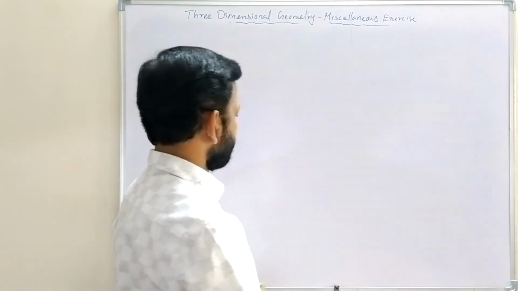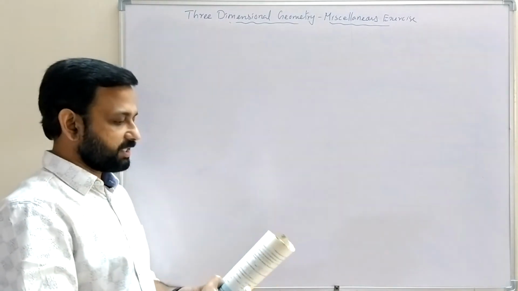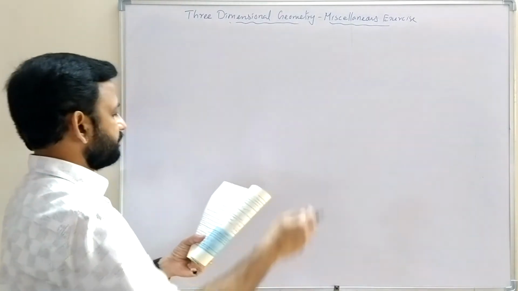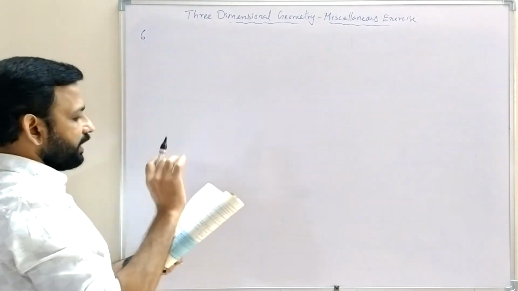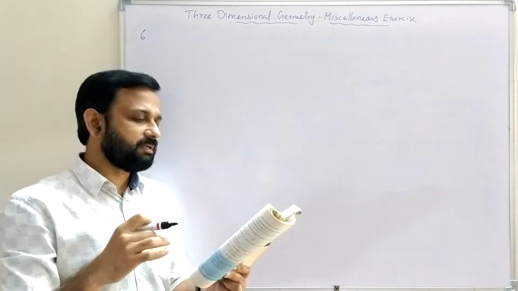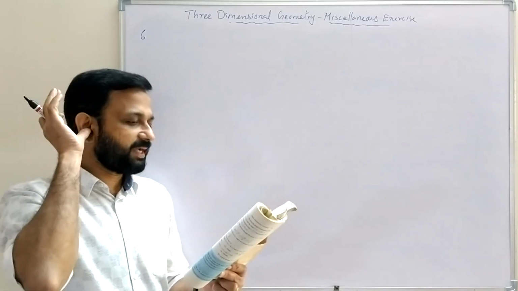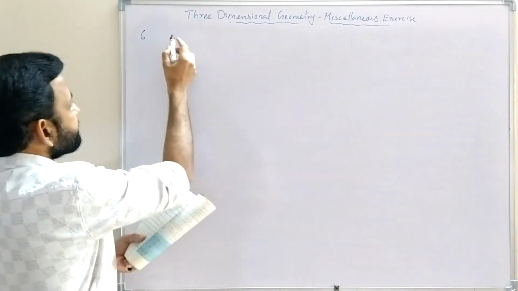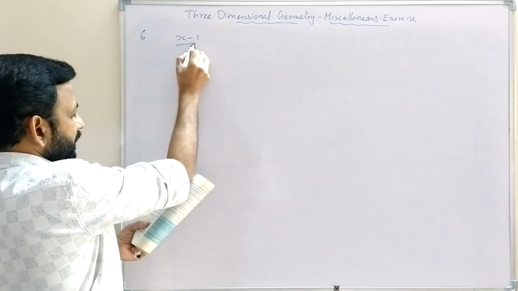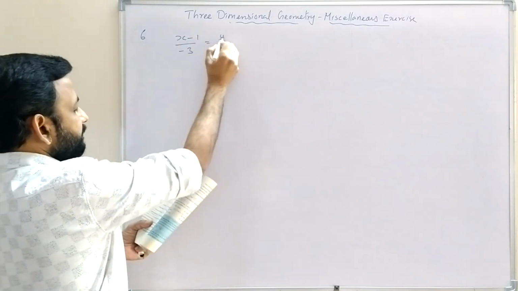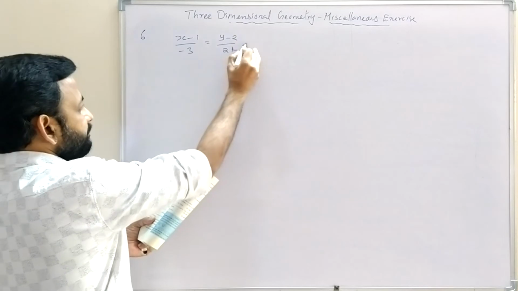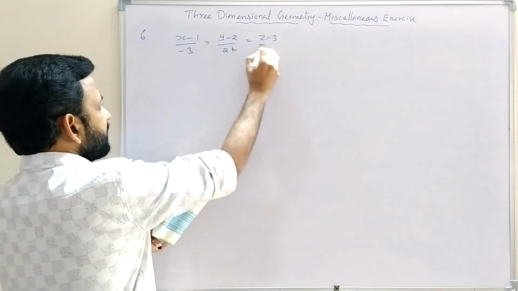Then we will do the 6th question. If the lines given in Cartesian form are perpendicular, find the value of k. (x minus 1) upon minus 3 equal to (y minus 2) upon 2k equal to (z minus 3) upon 2.